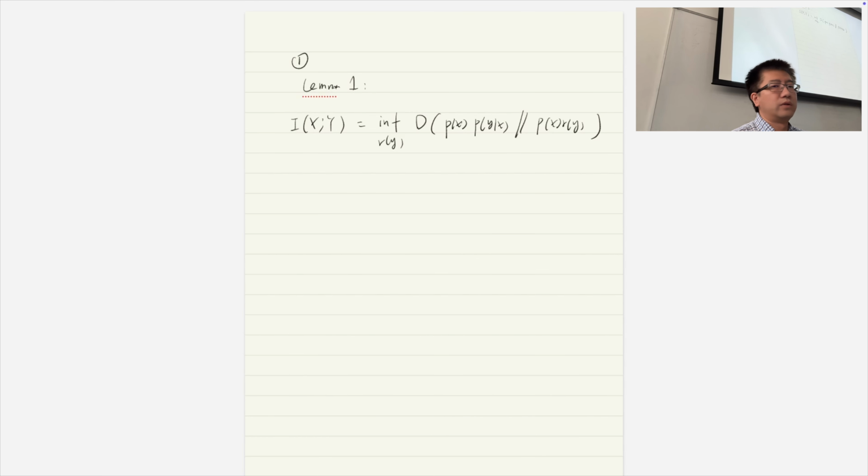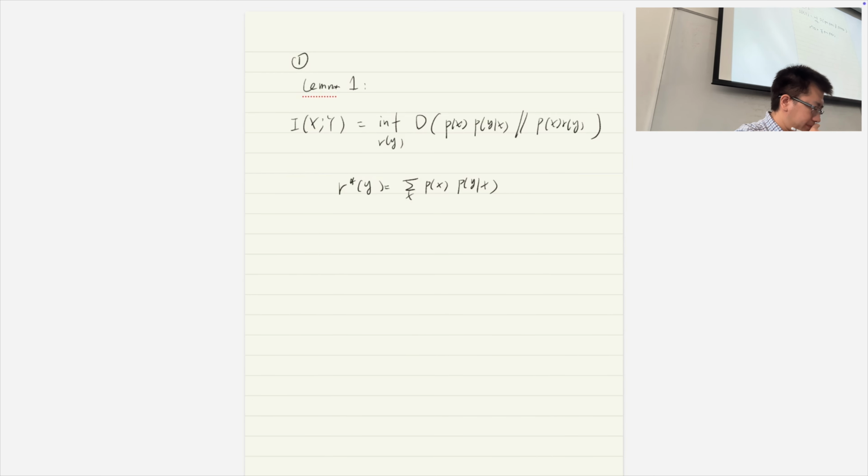So we can show that the mutual information is the result of this minimization problem. The best R_y star is equal to this. We write everything in terms of P_x and P_{y|x}. All right, this is lemma one.